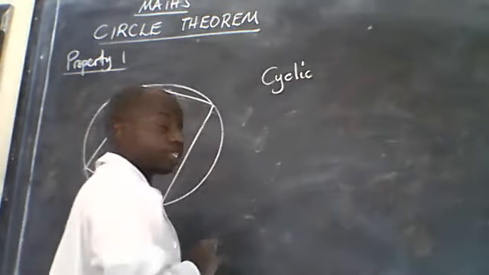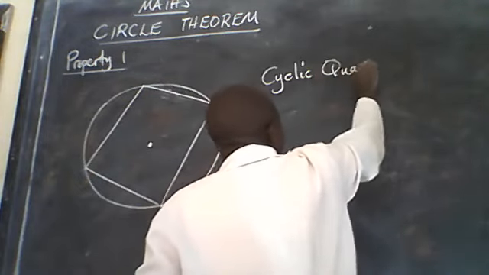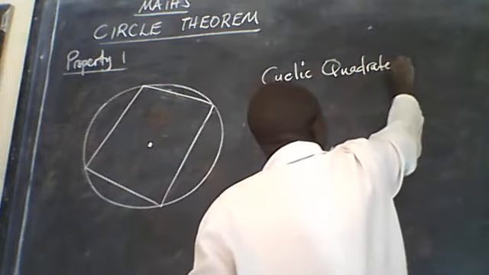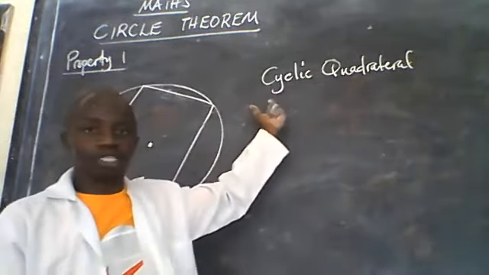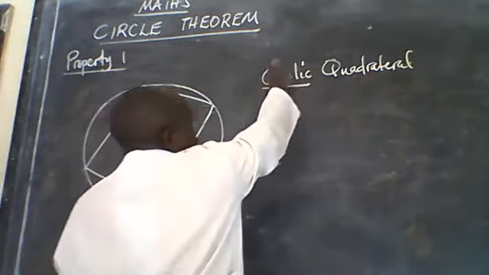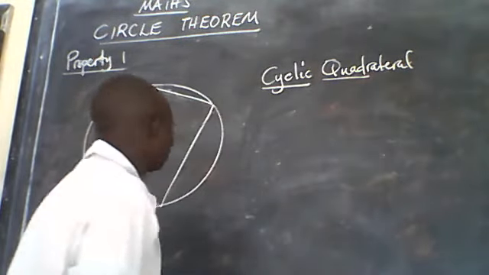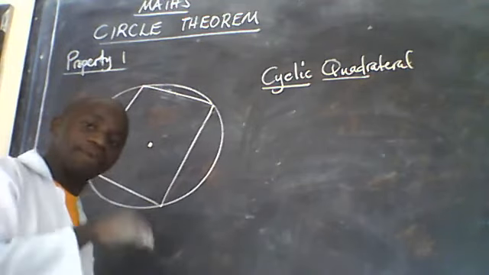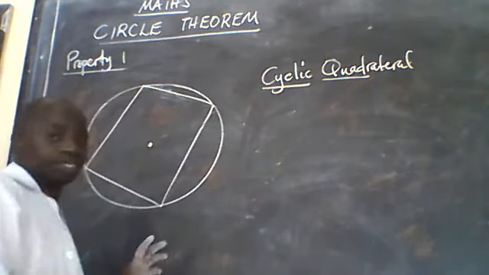Get my pronunciation there. Cyclic quadrilateral, meaning it is within a circle, with four sides. Okay, four sides or a four-sided shape inside the circle. That is a cyclic quadrilateral.